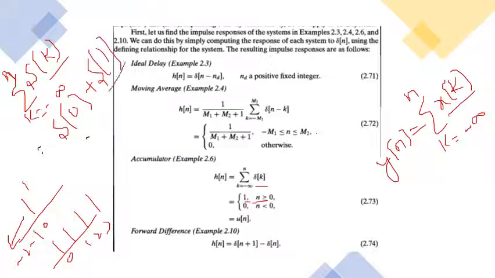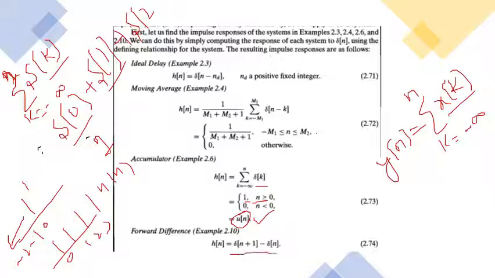Obviously delta of 1 is 0, but we already have 1 here. Then we go to 2, and we have delta of 0, 1, 2. So this will always remain 1, and we'll have 1 on the positive side. So this will become u of n. So if I give an impulse to the accumulator system, its response will be the unit step.